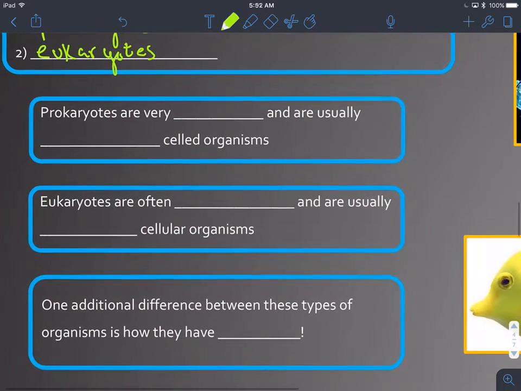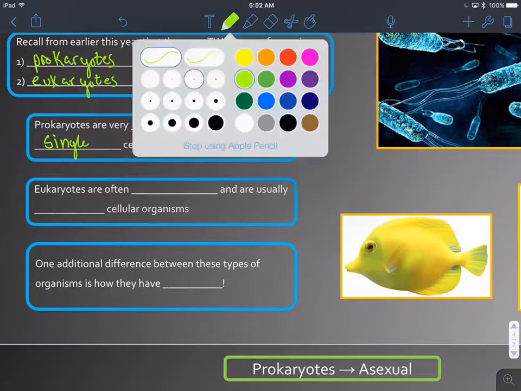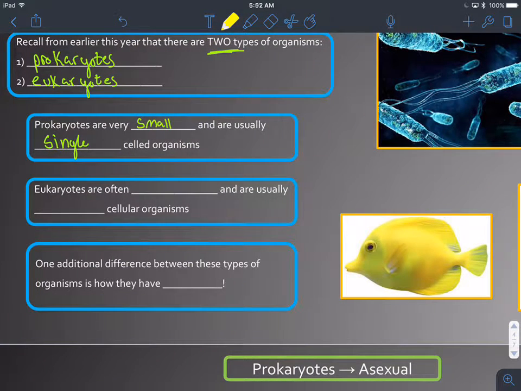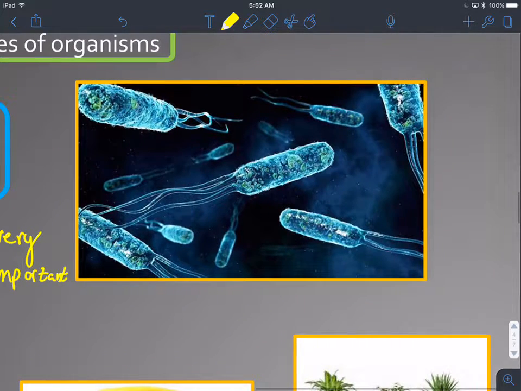If you recall, prokaryotes are very small and are usually single-celled. Okay, this is very important. And if you look here to our right, you can actually see prokaryotes.